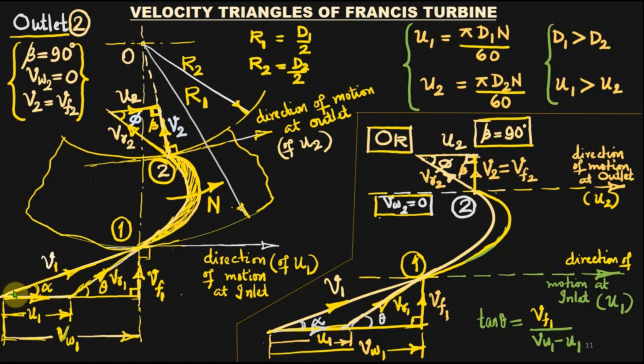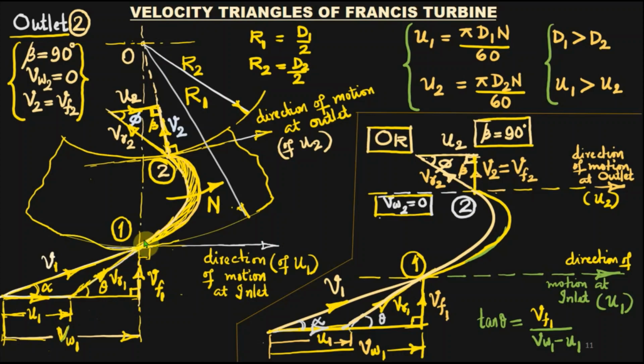So first of all we mark V1. V1 is directed at an angle alpha to the direction of motion of the vane at inlet. So the inclination of V1 with U1 is alpha. And at the tip of this velocity vector, if you mark U1, let's say that is this much magnitude, then the third side of the triangle will be VR1.